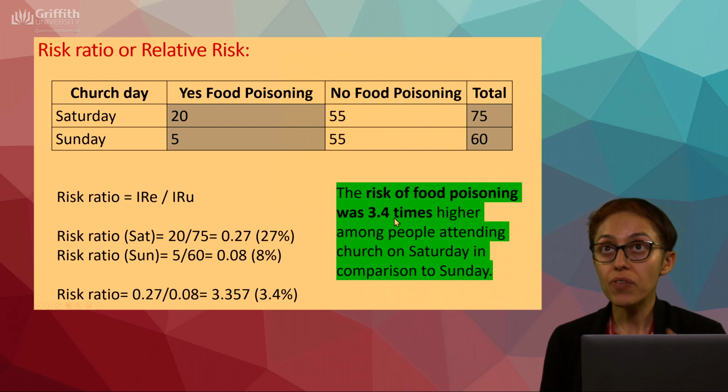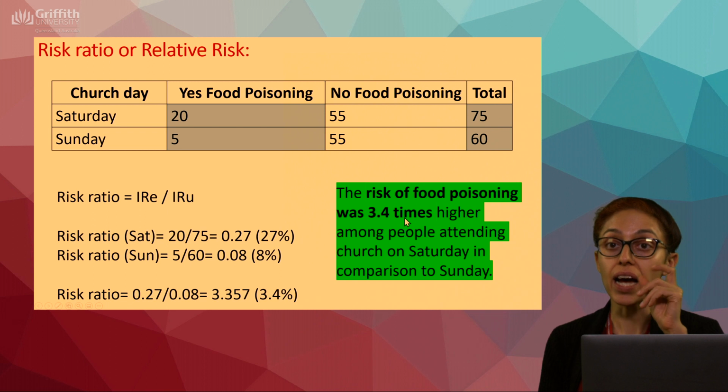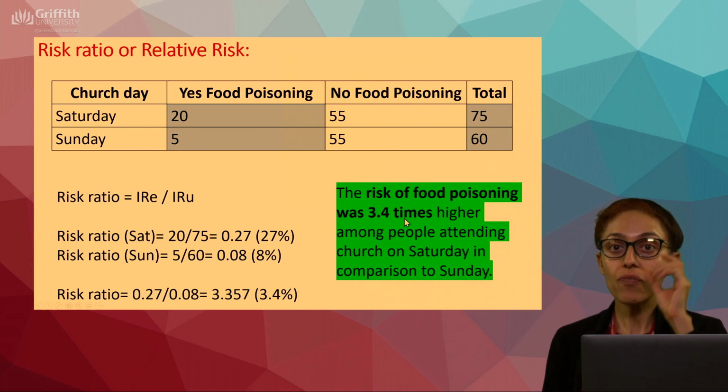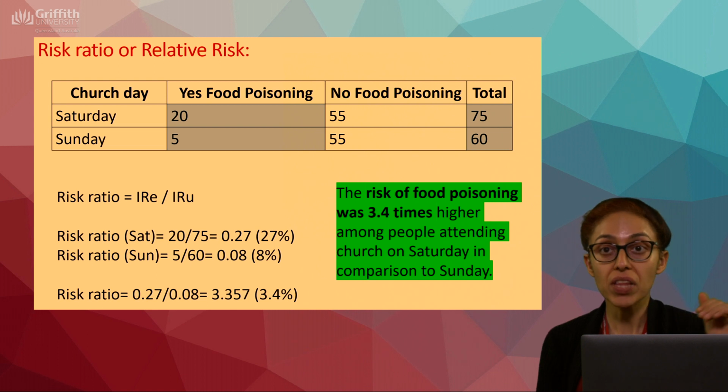So with risk ratios, guys, you use the term times, okay. So whenever in research papers it says this group had so many times higher risk of something compared to the other group, times generally refers to risk ratios.